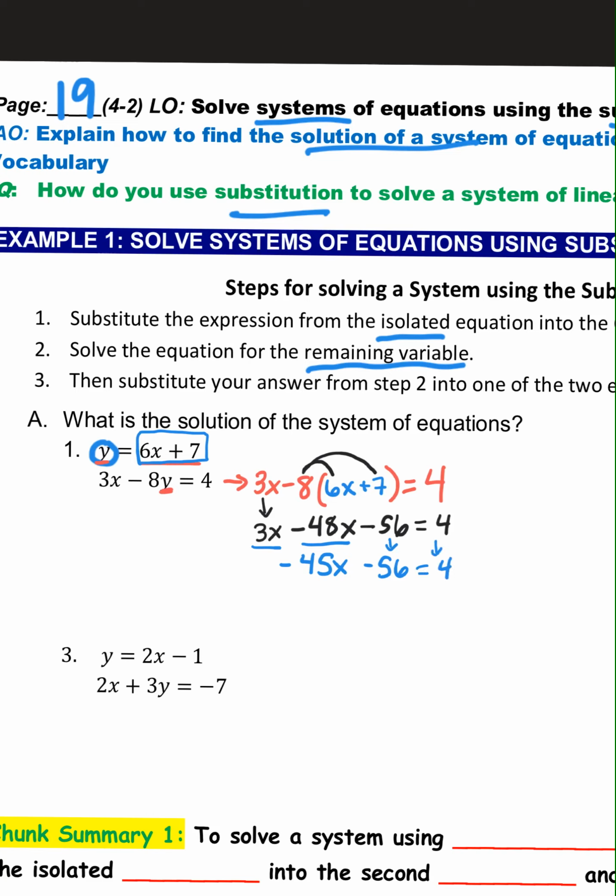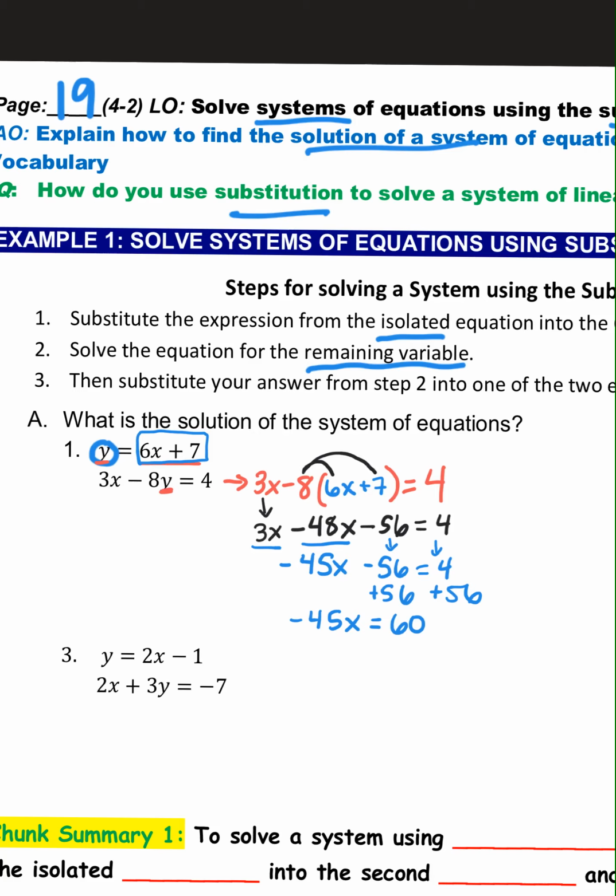All right, now I'm going to do the inverse of addition or subtraction. I see subtraction and the opposite of subtraction is addition, so I'm going to add 56 on either side. So I get negative 45x equals 60.